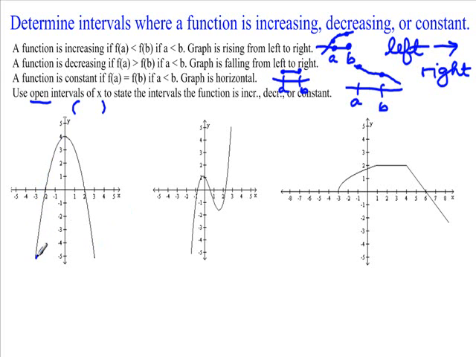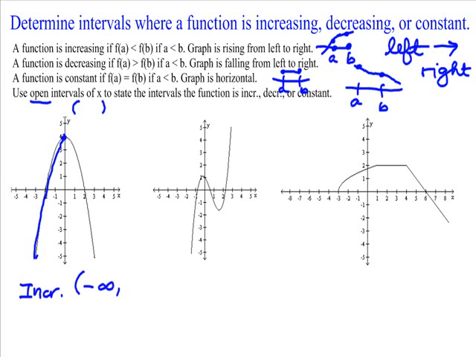So I've got to tell now what interval that covers. So it's kind of like the domain. We're just talking about pieces of the domain. So that happens to be from what the leftmost point is, negative infinity. And where did it stop increasing? At this point, but what is the x value there? That is 0, right?